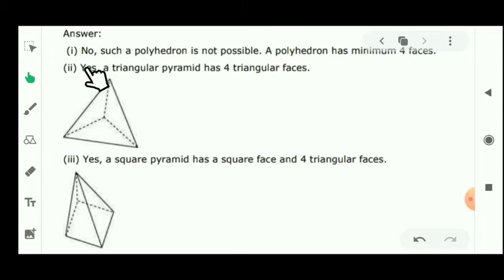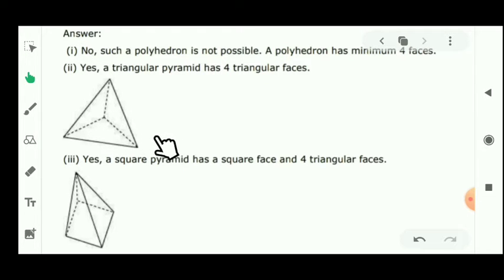The first part is, no, such a polyhedron is not possible because a polyhedron has minimum 4 faces, but in the triangles how many faces are there? 3. So it is not possible. In the second part, yes, a triangular pyramid has 4 triangular faces. You can see in this figure how many faces are there? 1, 2, 3, and 1 is in the bottom.